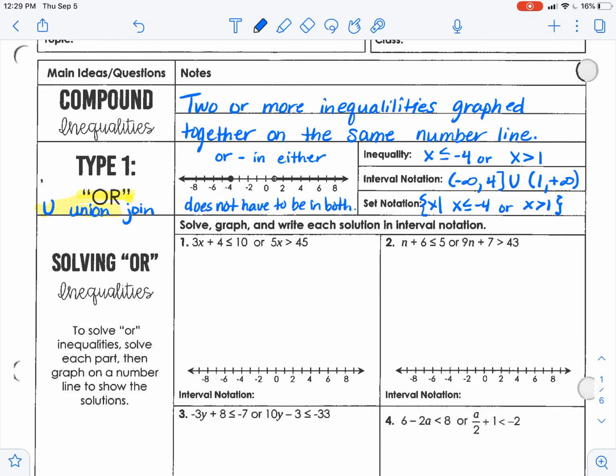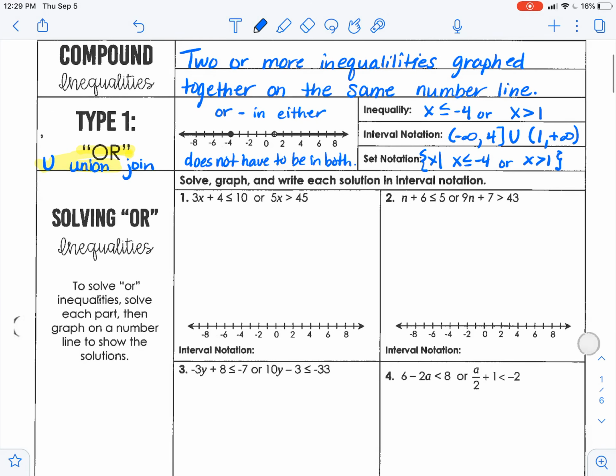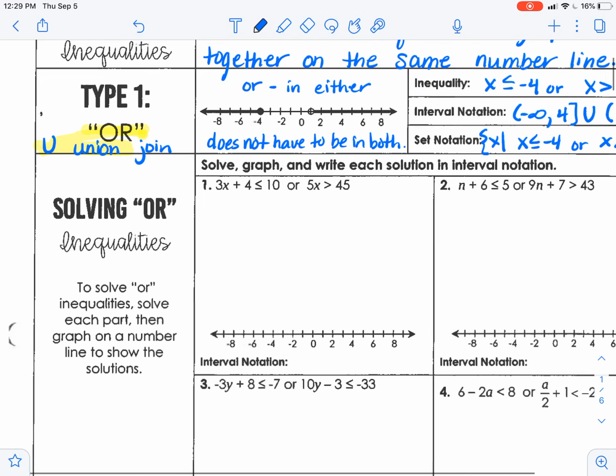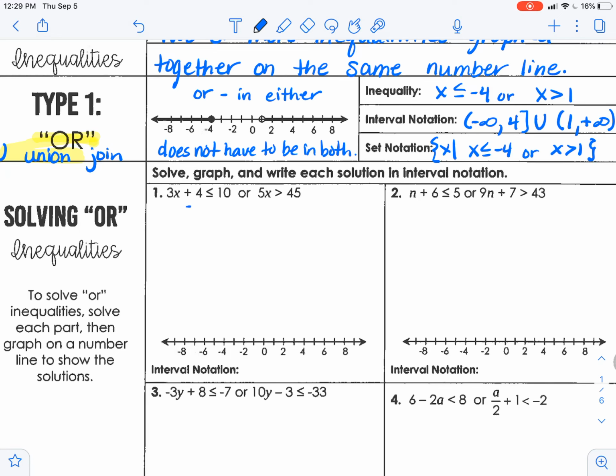So let's look at what we're going to have. First off, you're just going to have two inequalities you're going to have to solve. Those are going to be your normal equations that we're solving. So first one, we're going to add 4. 3x is less than or equal to 6. Divide by 3. x is less than or equal to 2.